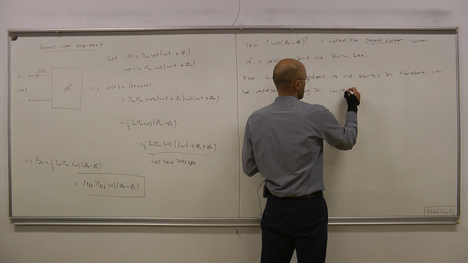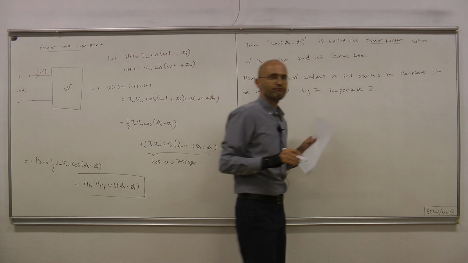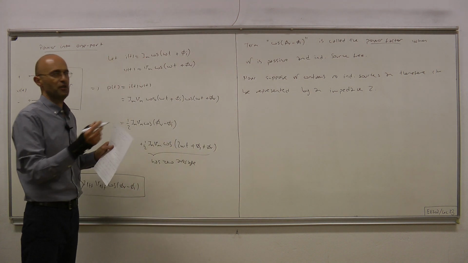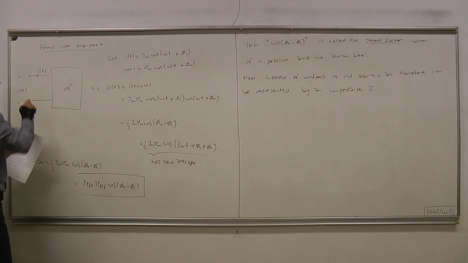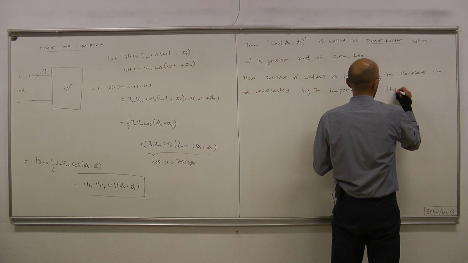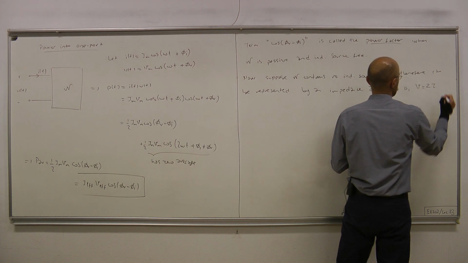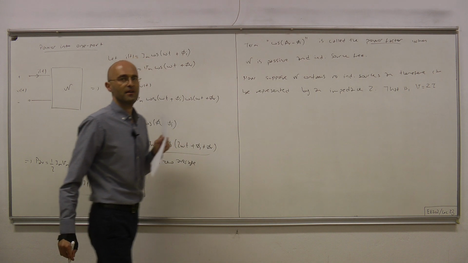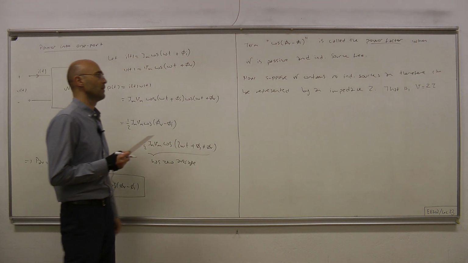Its input impedance, Z. By definition, Z is the ratio of voltage to current at the port terminals. Therefore, we have V equals Z times I. V and I are the phasors of this voltage and current, respectively.